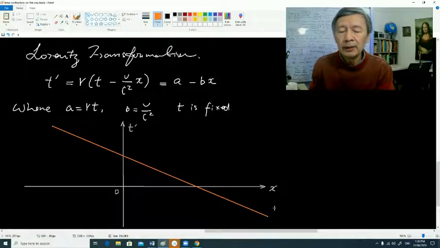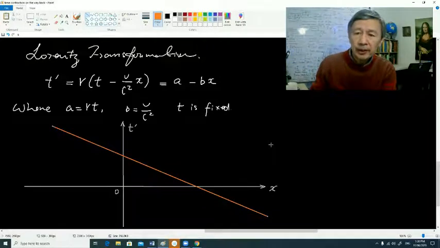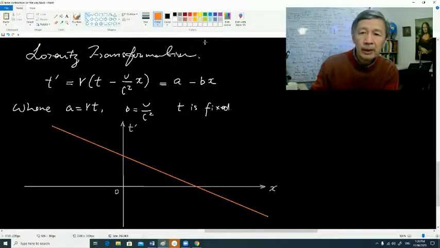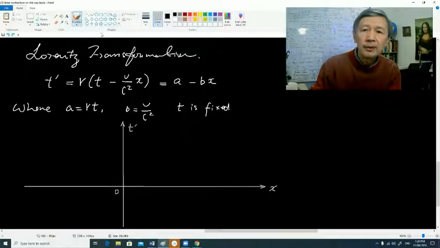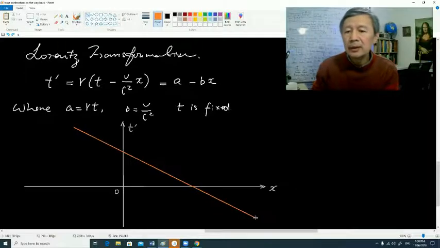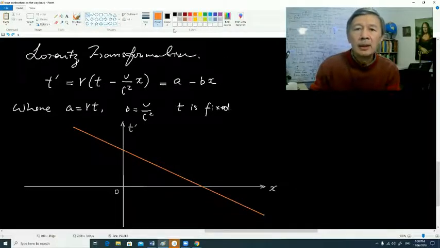Of course, we use arbitrary numbers for a and b, but once a and b are given, we should be able to denote the intercepts. Let's draw this straight line first, and then change the color.